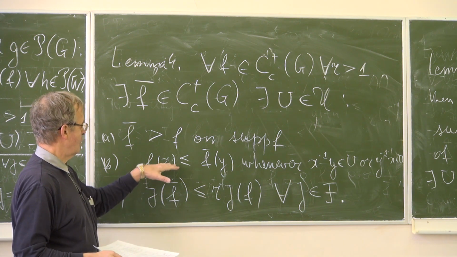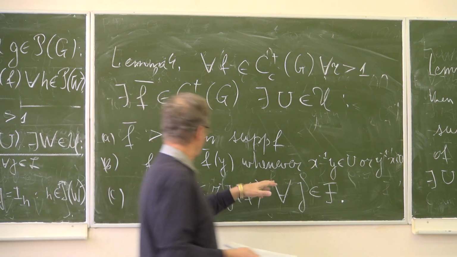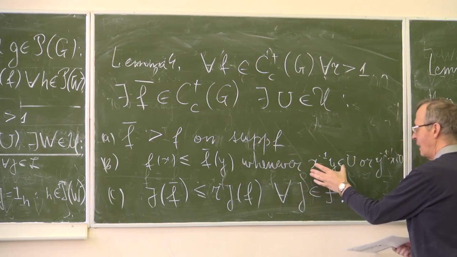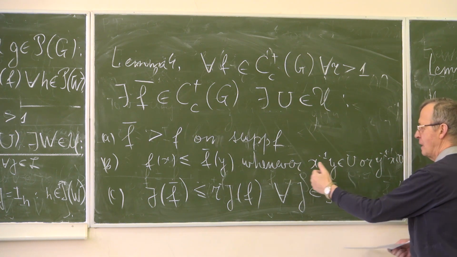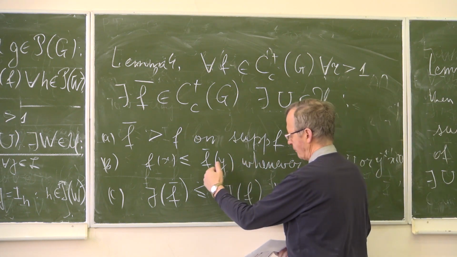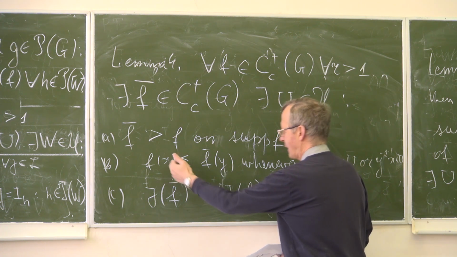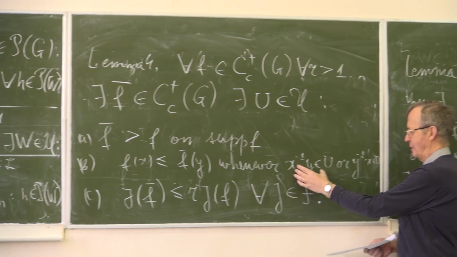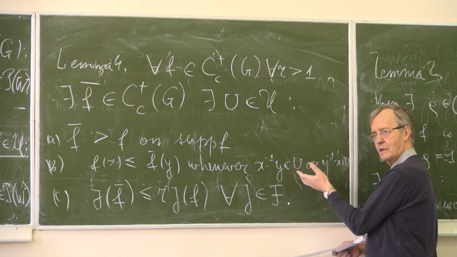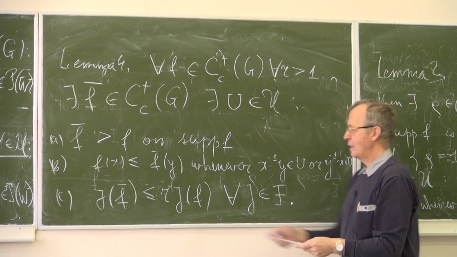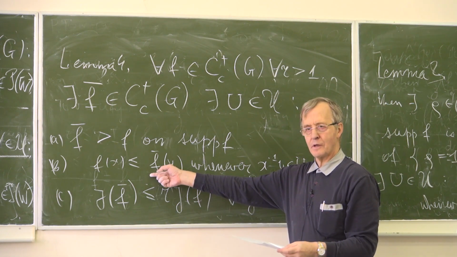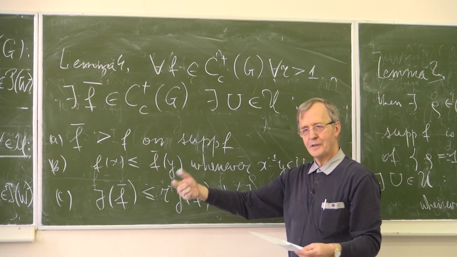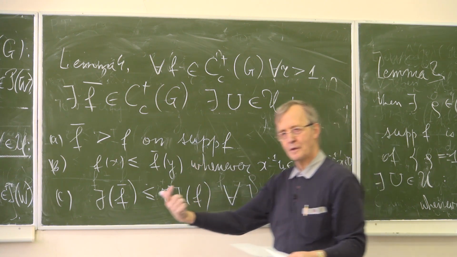And moreover, this f bar has the following property. It is greater than f, but also if we change this x a little bit, so that one of these conditions is satisfied, then we have this inequality. So not only at every point, but also in some neighborhood of every point.